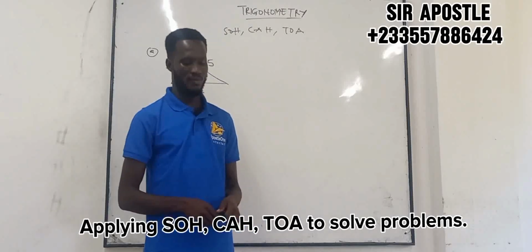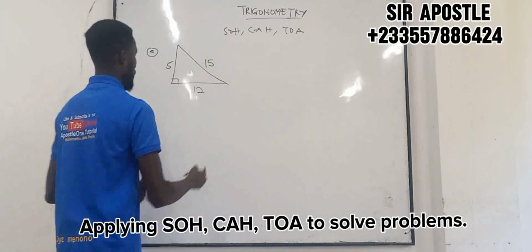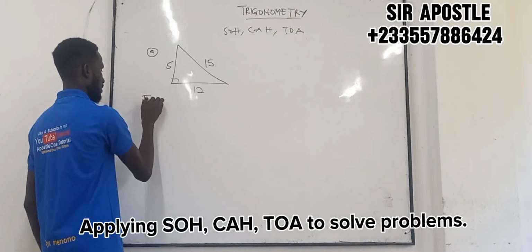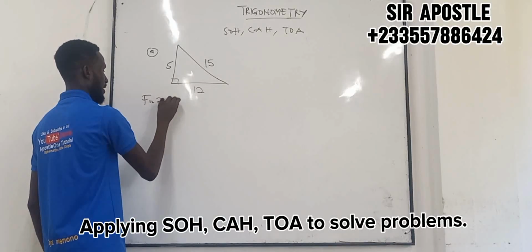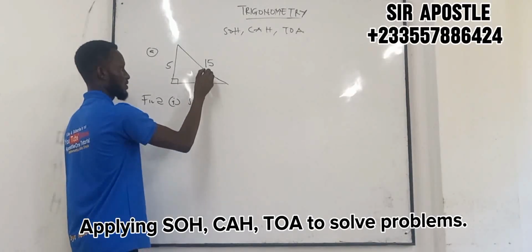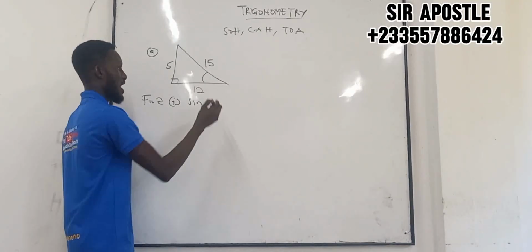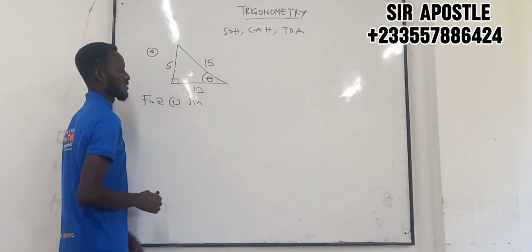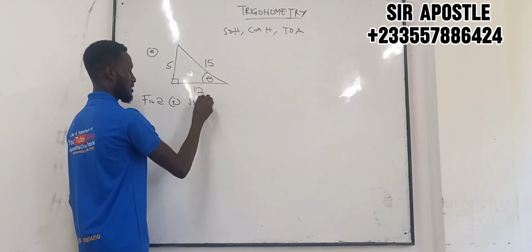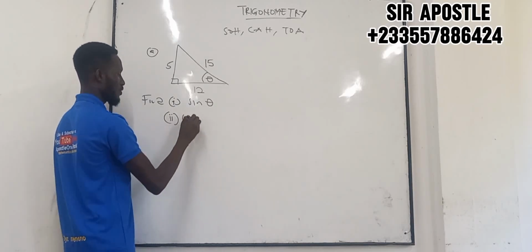How are we going to find our sine, cosine, and the rest? Okay, so find: I'm considering the angle here. We can use anything to represent the angle. I'm using theta to represent the angle. Now we are looking for sine theta. We are going to look for cos theta.